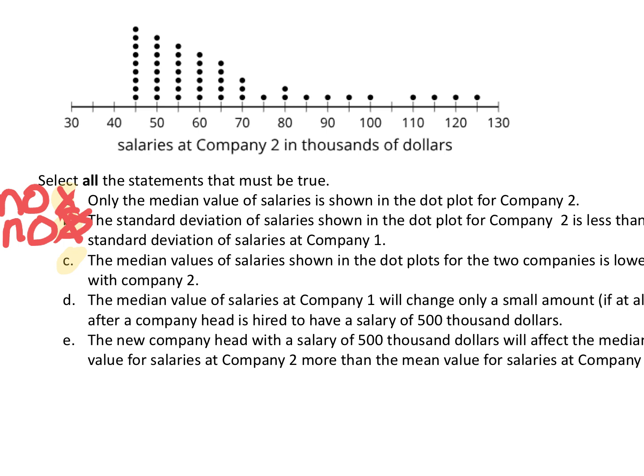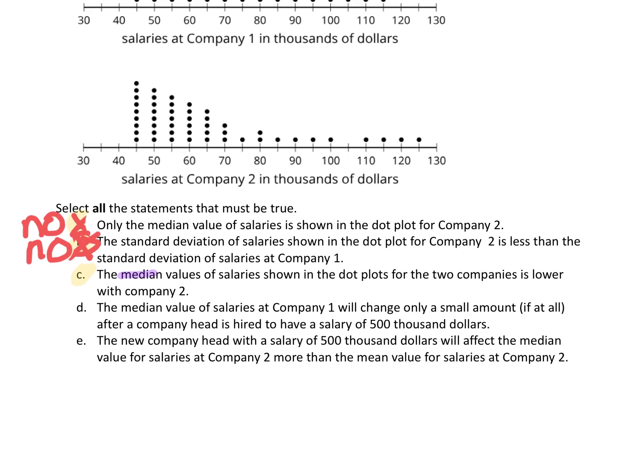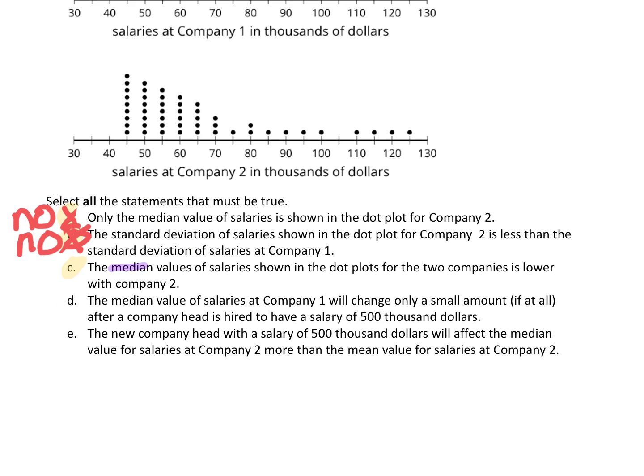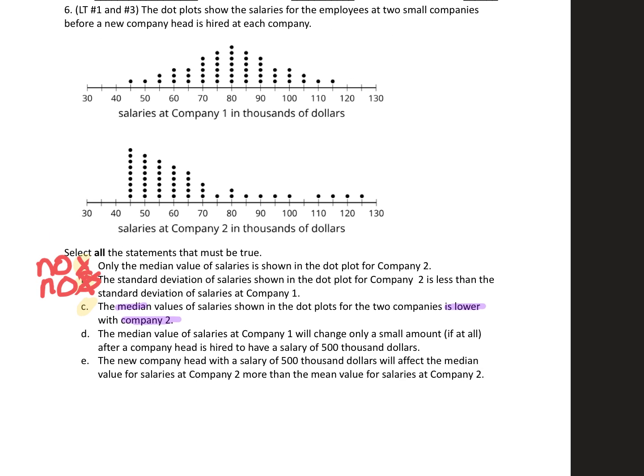Option C asks us to analyze the median values. And it says the median for the two companies is lower with company 2. So remember, the median is the middle.